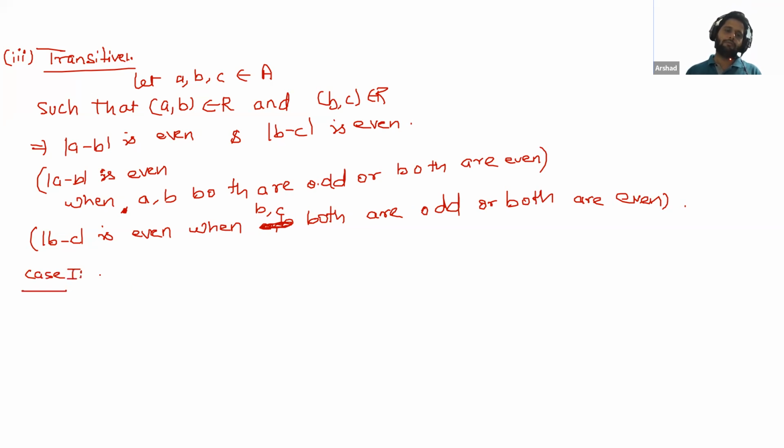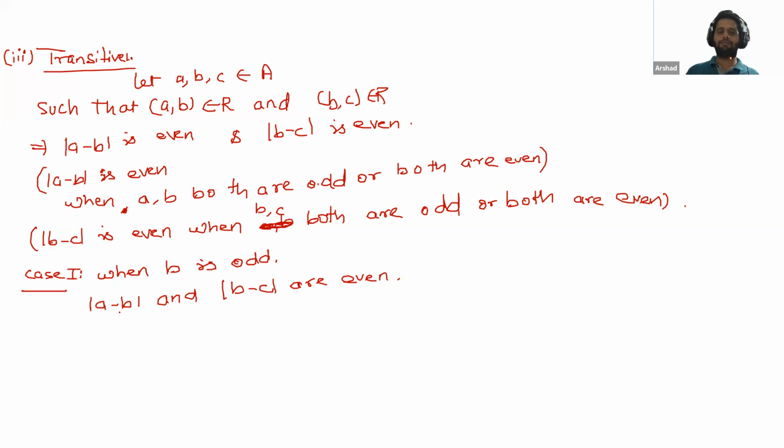Now we will solve this by taking two cases. Case one, when B is odd. We have broken this down into two cases. When B is odd, A minus B and B minus C are even. We have assumed that B is odd, and it is given that A minus B and B minus C are even.